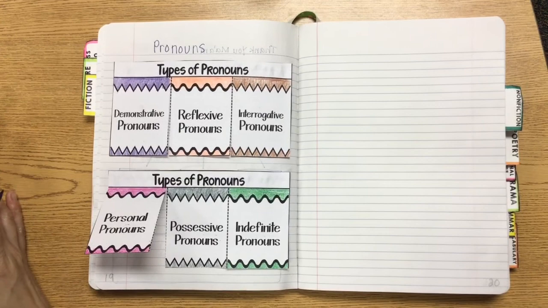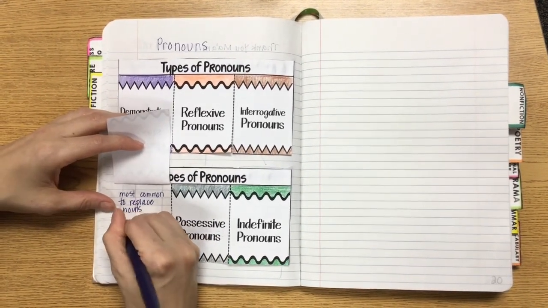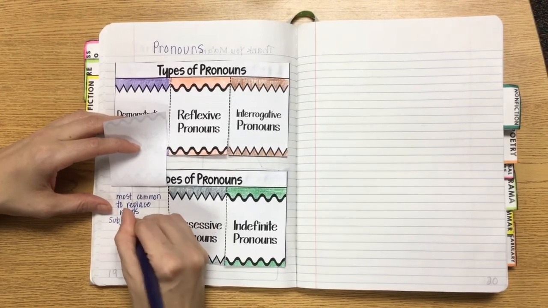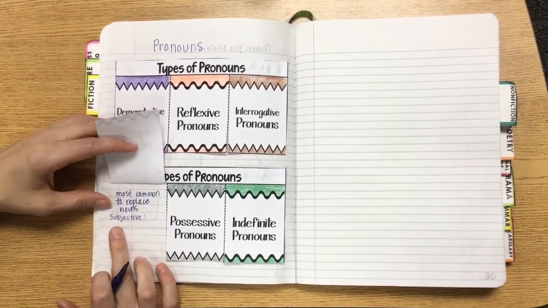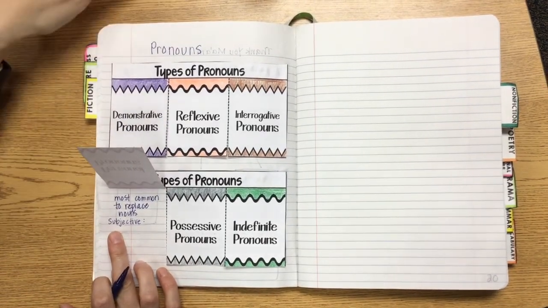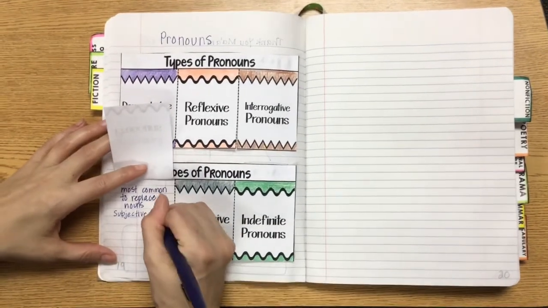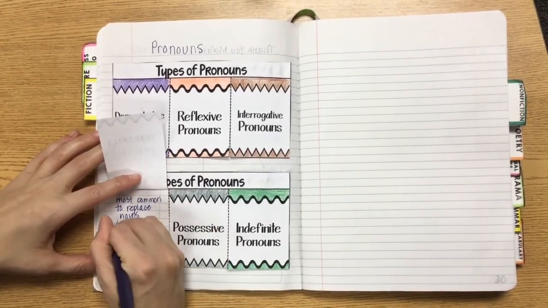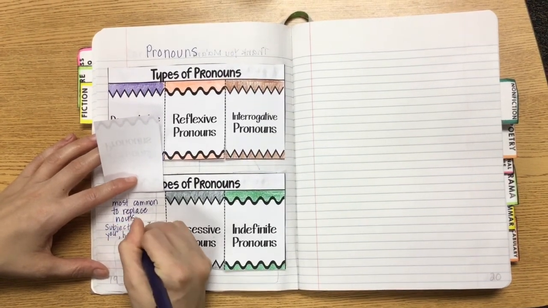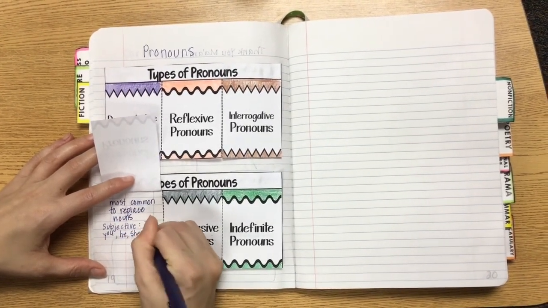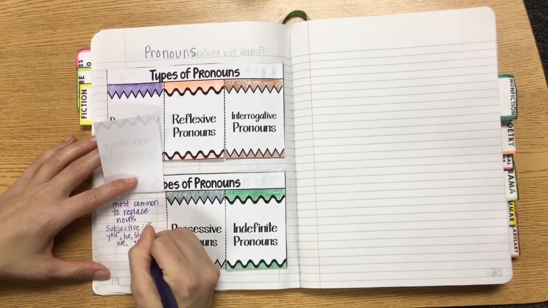Now, some personal pronouns fit in the subjective category, and again, don't worry if you aren't totally keeping up. I'm just walking you through each one, but subjective pronouns are pronouns that replace the subject of a sentence. So this would be like I, you, he, she, it, we, and they.